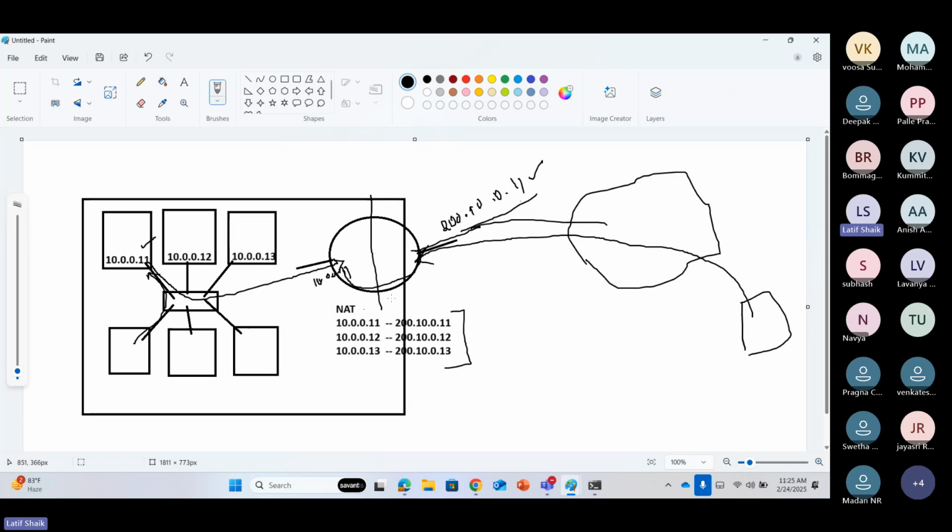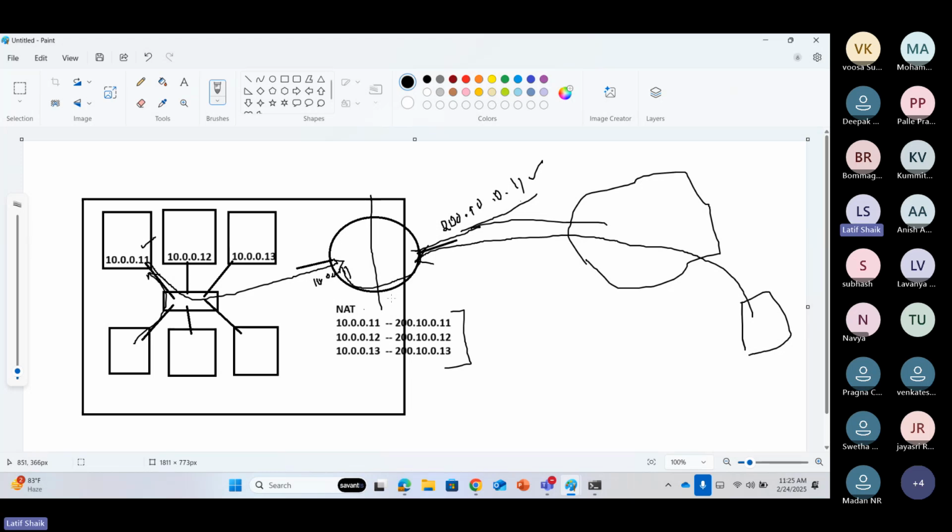At least 5 to 10 devices, minimum 5, maximum 10, are in a home itself. So think about it: you would require at least 5 to 10 public IP addresses, and you have to pay for them. So that is very difficult.